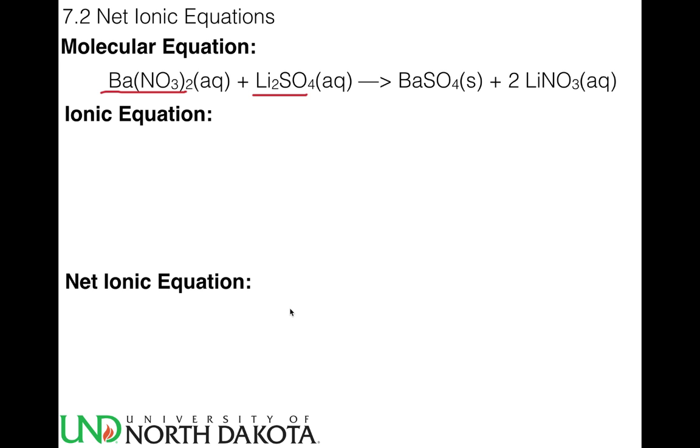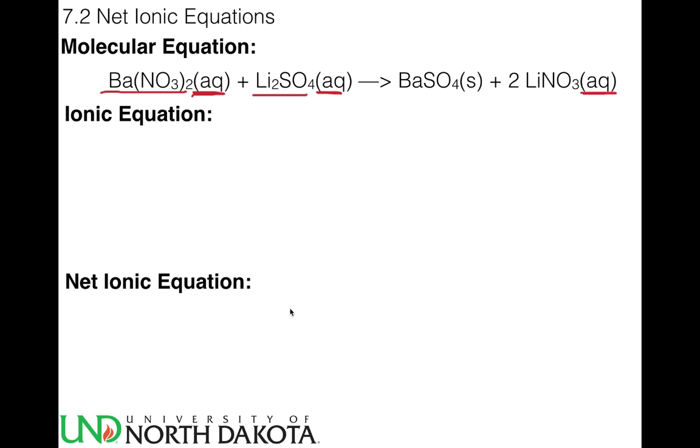Now, we learned about electrolyte solutions in our previous video, and we learned that in aqueous solution, when your ionic compounds have these aqueous state of matter designations, they don't exist in solution as their formula units, they exist in solution as ions. And so that's what we do going from the molecular equation to the ionic equation.